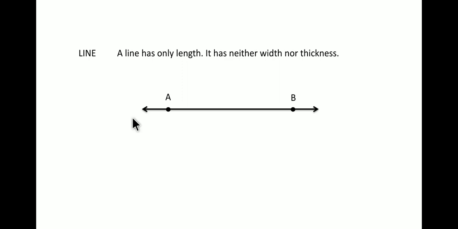So if there are two arrowheads on both the sides, then it's a line, and line AB is represented as AB, with a small line with arrowheads written on top of AB. Alright, so this is how we represent a line.